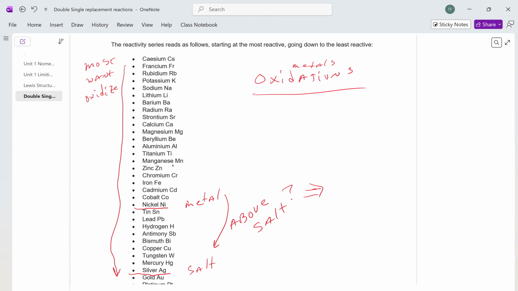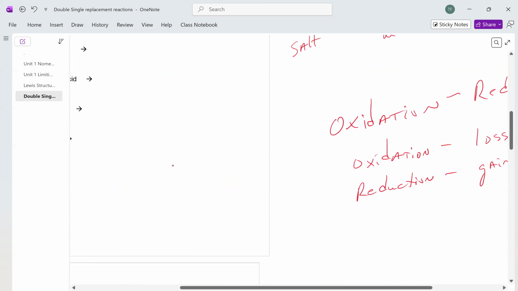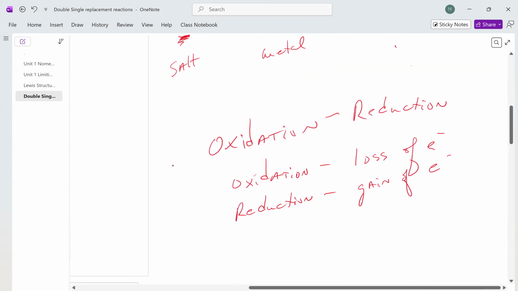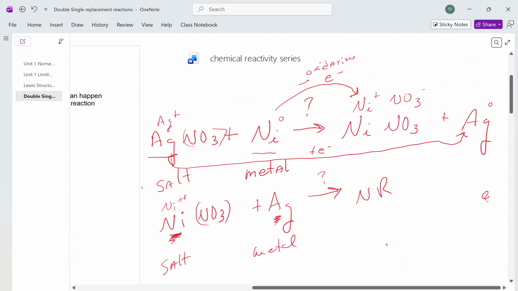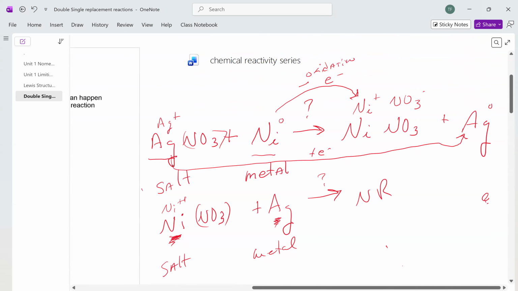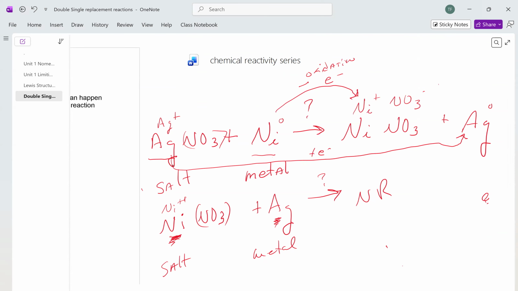So if this is yes, the reaction happens. So here we have the metal above the silver. It happens. That's the bottom line in single replacement reactions.